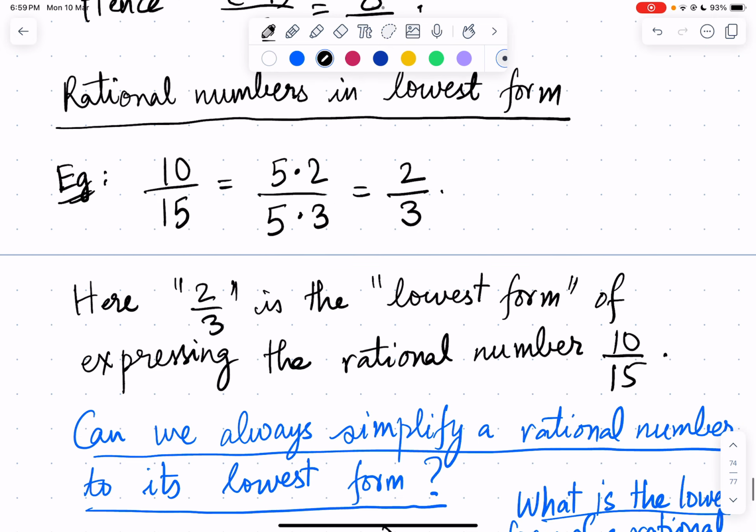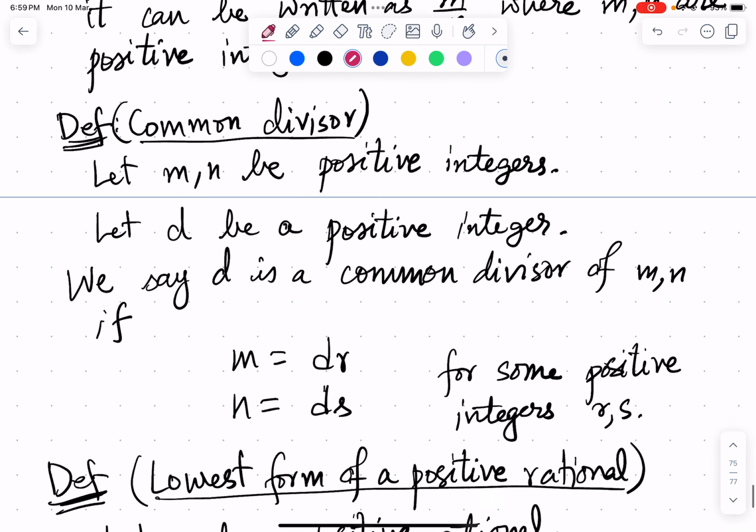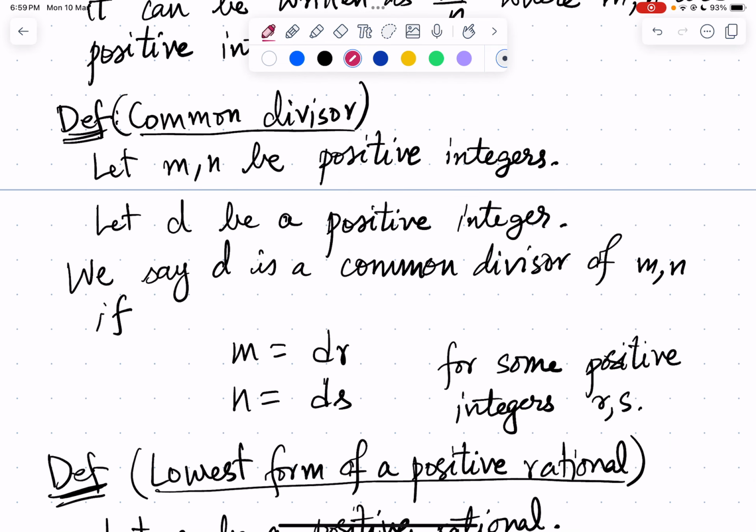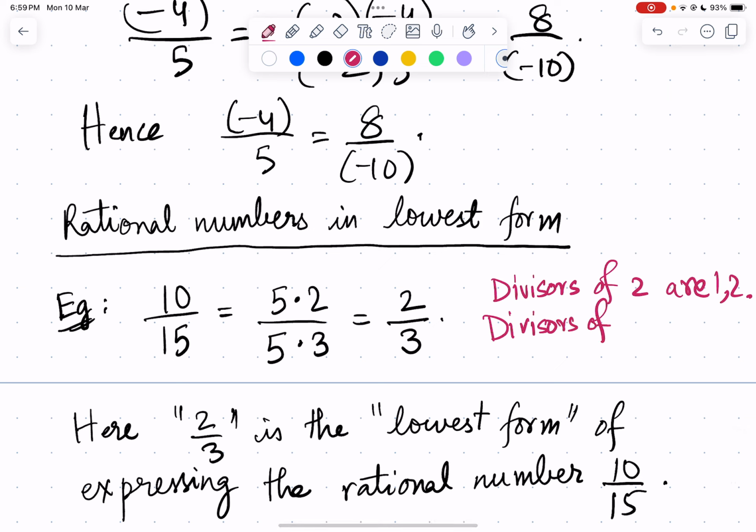So for example, here 10 by 15 can be expressed as 2 by 3, and 2 by 3 is such that the only common divisor of 2 and 3 is 1. So for example, the divisors of 2 are 1 and 2. The positive divisors, meaning, we have defined common divisors, etc. those notions for positive integers only. So divisors of 3 are 1, 3.